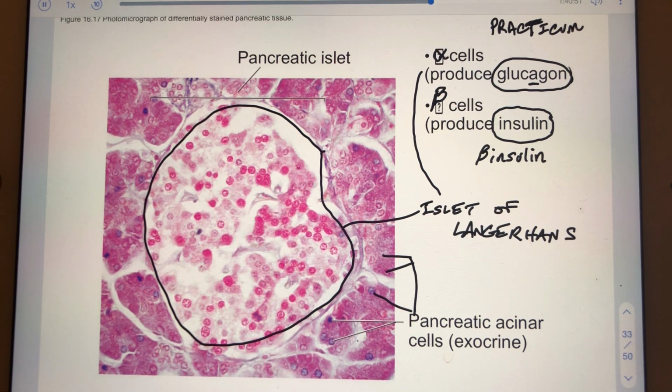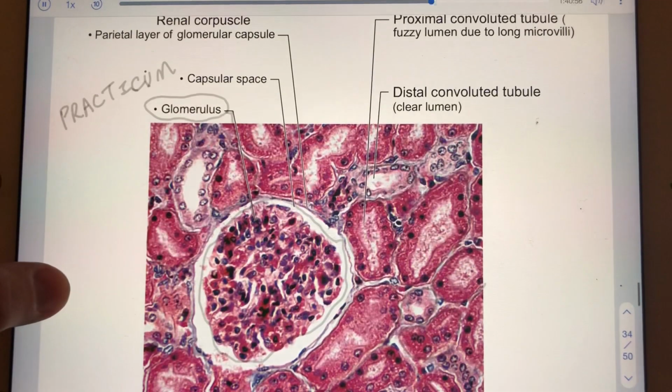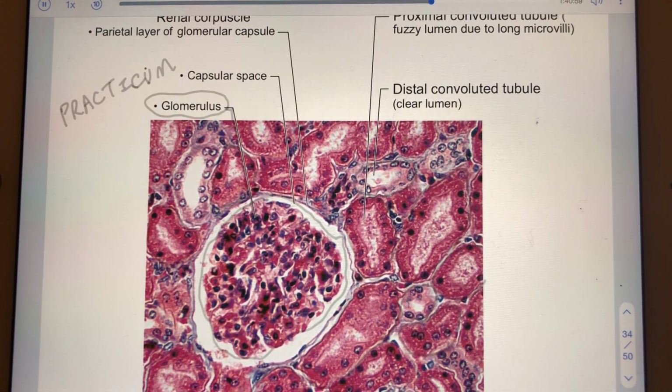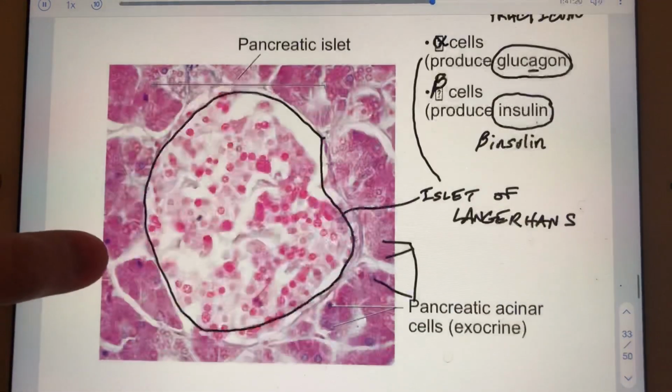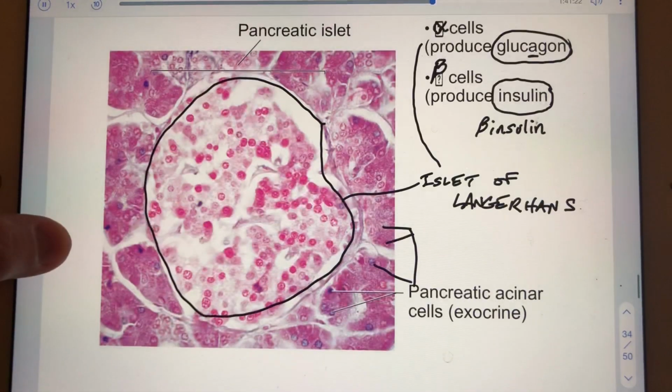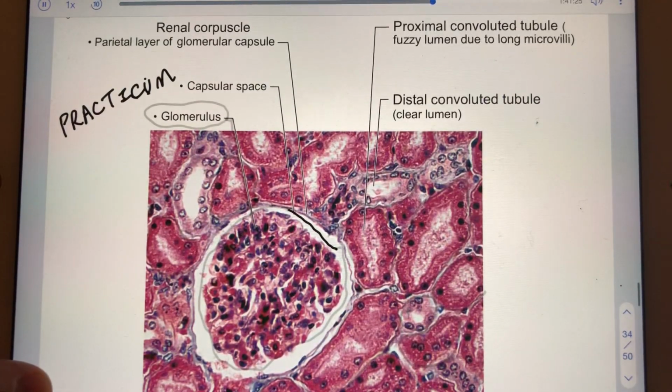All right, now notice that on the next slide, slide 35, I've actually placed a micrograph of the kidney, which is also practicum worthy. The only reason I put this image here is to drive home, dang, the pancreas and the kidney look really similar. Here is an island, right?